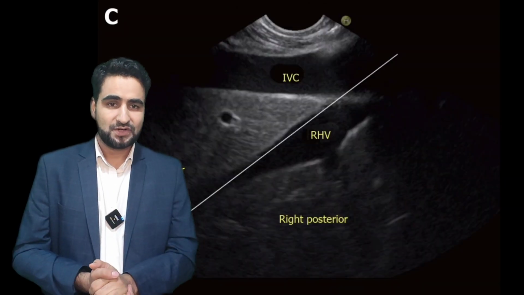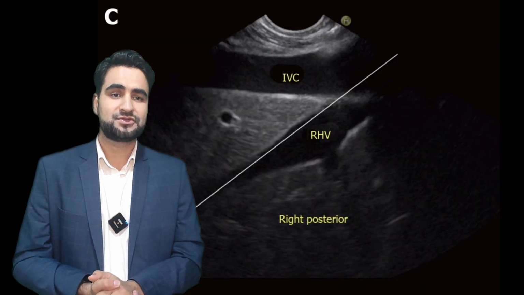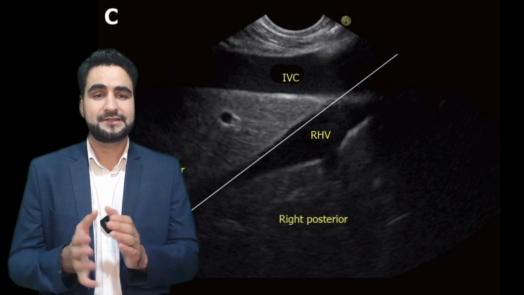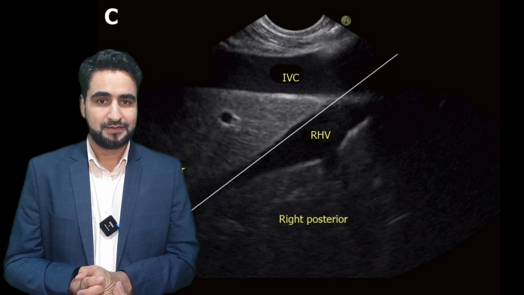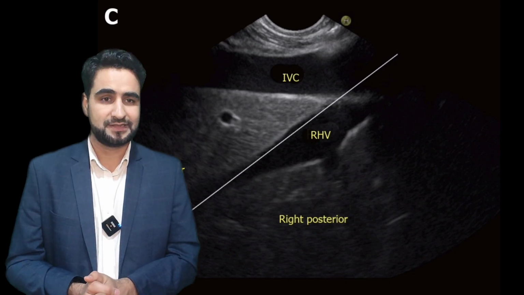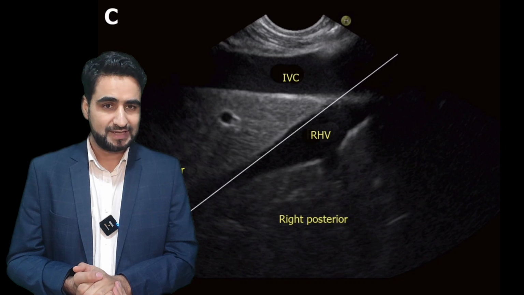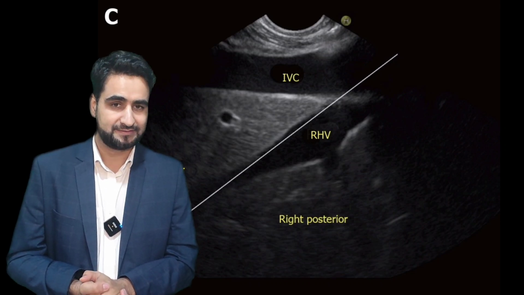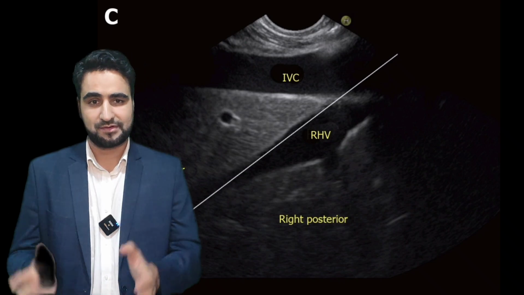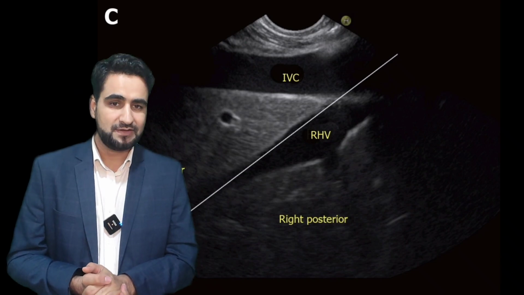In this image, we now shift our attention to the right hepatic vein. The right hepatic vein is another critical vascular landmark because it separates the right anterior sector, that is segments 5 and 8, from the right posterior sector, that is segments 6 and 7. It typically courses from the posterior part of the right lobe towards the inferior vena cava.